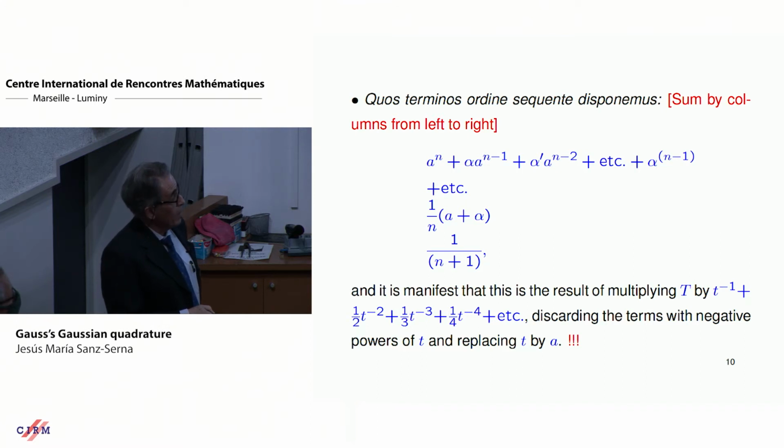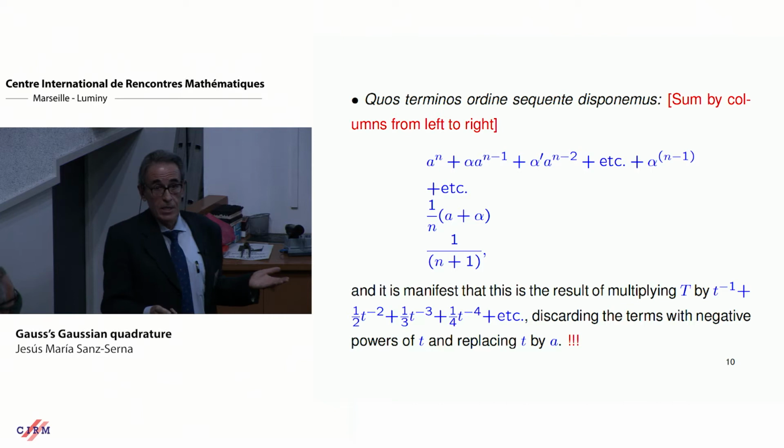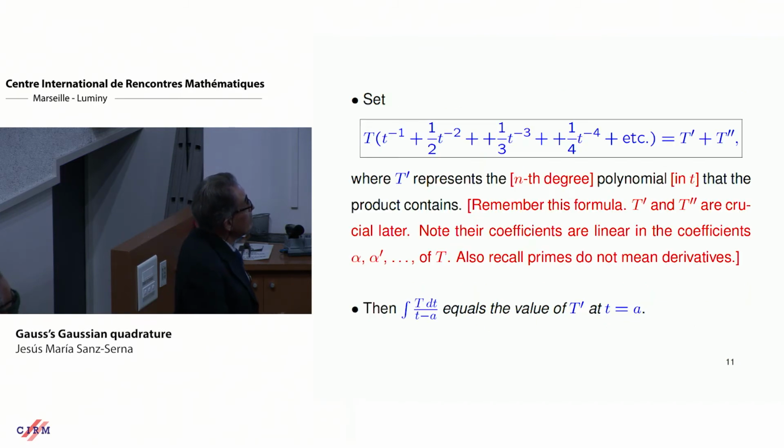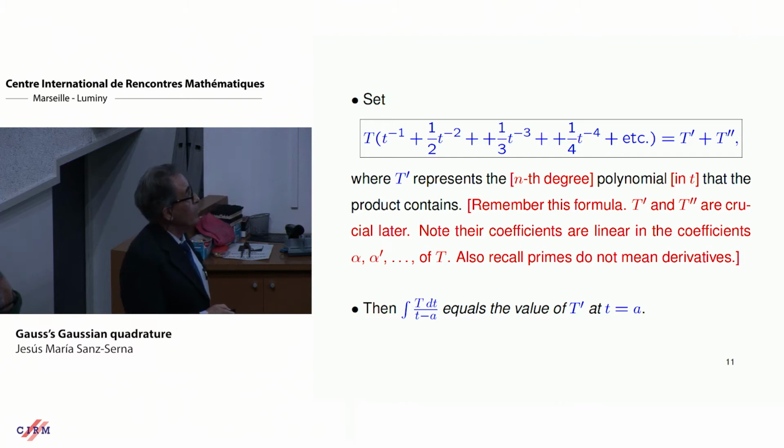And once you've multiplied T by the rational function, you discard the terms with the negative powers of t and then replace t by a. So this is the result of the integral. I mean, really complicated to me. So to be more precise, he writes this formula that for your benefit I've copied there on the blackboard. So he multiplies T by this strange rational function.